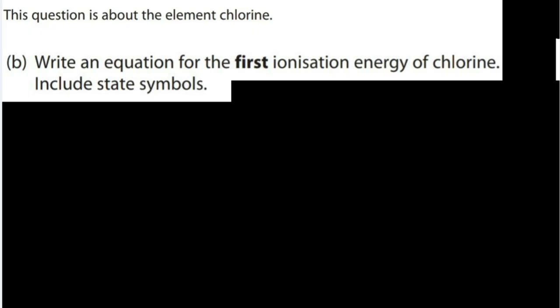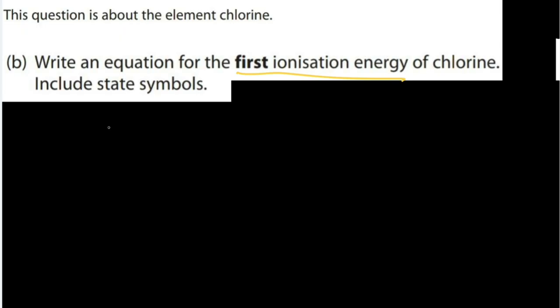The question is about the element chlorine. Write an equation for the first ionization energy of chlorine. Include state symbols. So what is first ionization energy? The first ionization energy is the energy required to remove one electron from each atom in 1 mole of gaseous atoms to form gaseous 1+ ions.